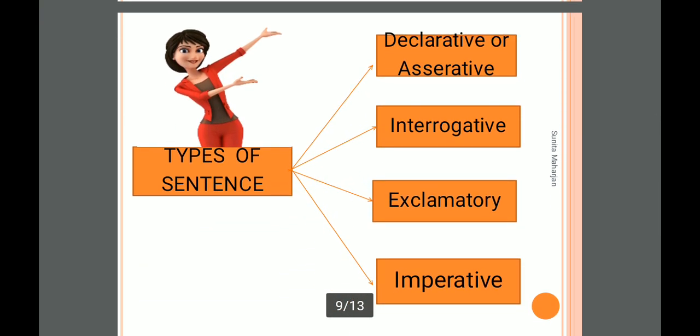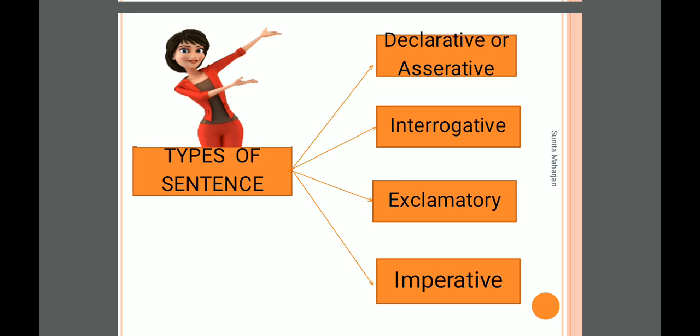Now we are in the very interesting topic of this chapter, that is types of sentence. We have altogether 4 types of sentence: declarative or assertive, interrogative, exclamatory, and imperative.